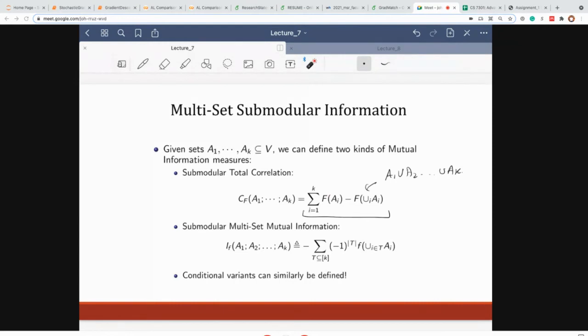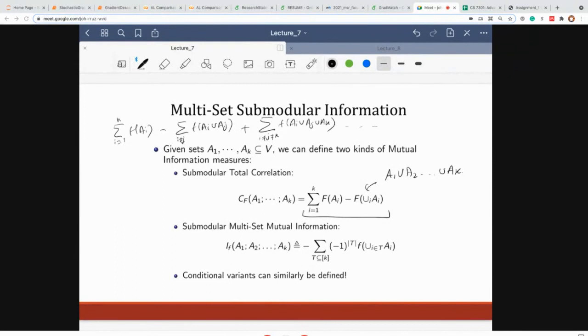We take a sum over i from 1 to k of f of Ai, and then subtract the sum over pairs i, j with i not equal to j of f of Ai union Aj, plus all possible triplets, and so on and so forth.